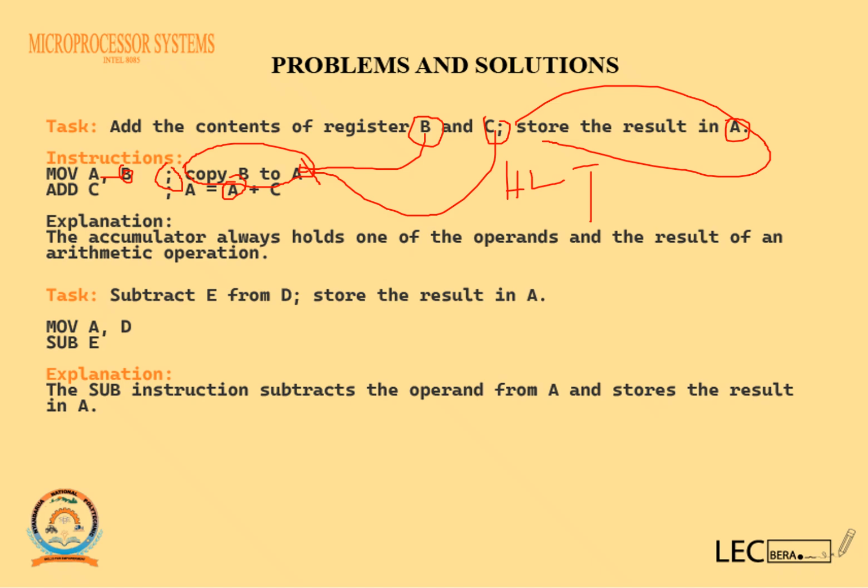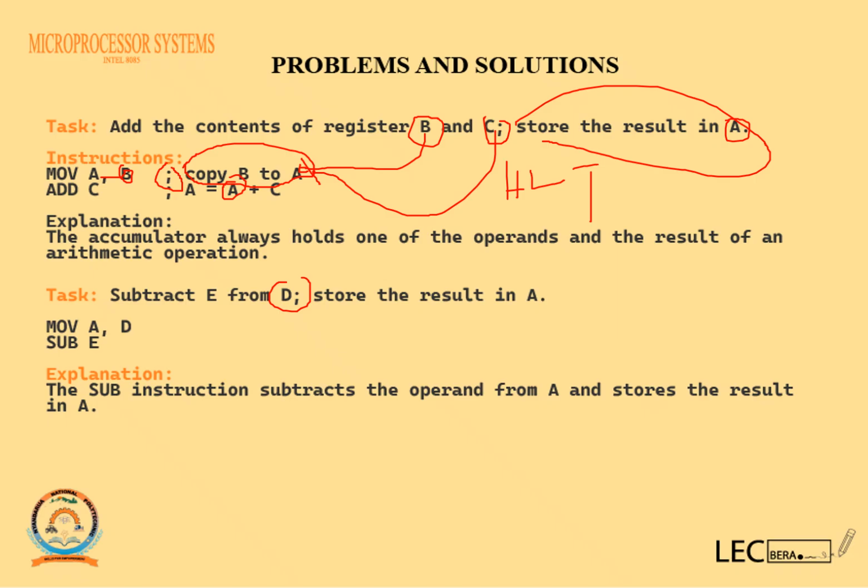So you can also be told to subtract E from D and store the result in the accumulator again. Remember here again, one of the data must be moved to the accumulator. Because we are subtracting E from D, we have to start by moving D to the what? To the accumulator.